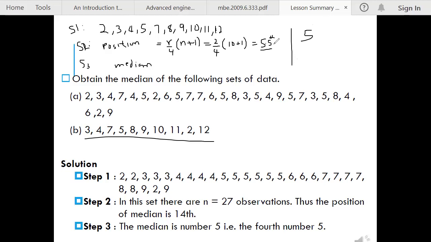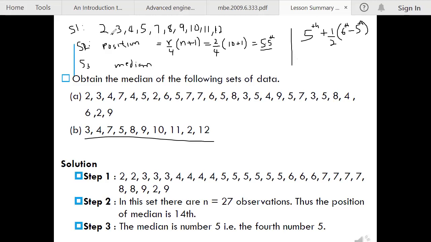So that would be the 5th position plus a half of the difference between the 5th and the 6th. So it's halfway between the fifth and the sixth position.